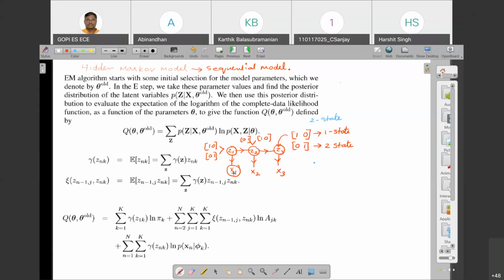Now, being in a particular state, what is the probability that x1 is getting generated? Because the arbitrary vector x1 can be generated from both states, but we have different probabilities. It is normally distributed. So if it is state 1, the probability that x1 is getting generated is described by the Gaussian density function.